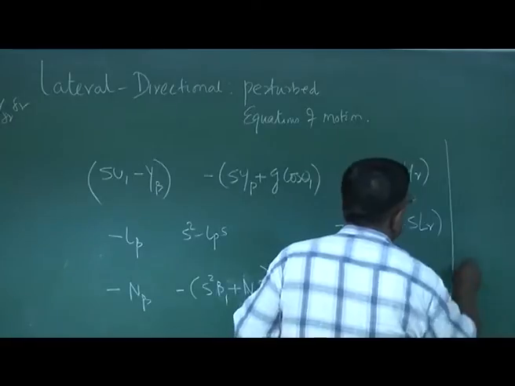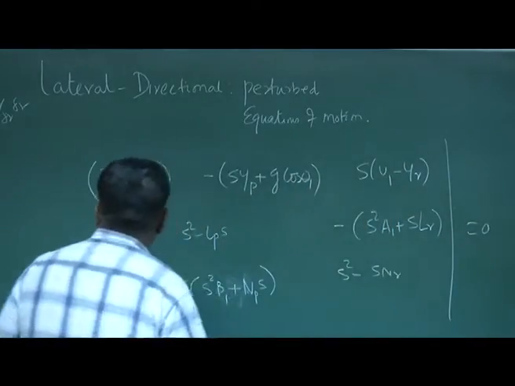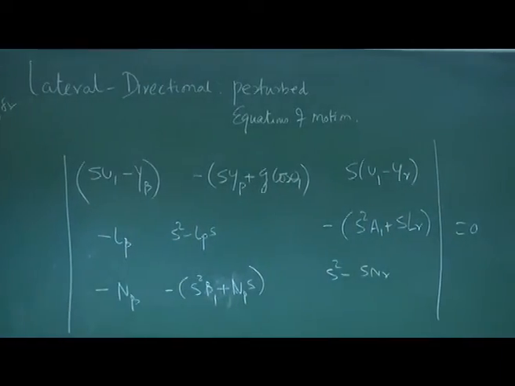So this determinant equal to 0 will be the characteristic equation.